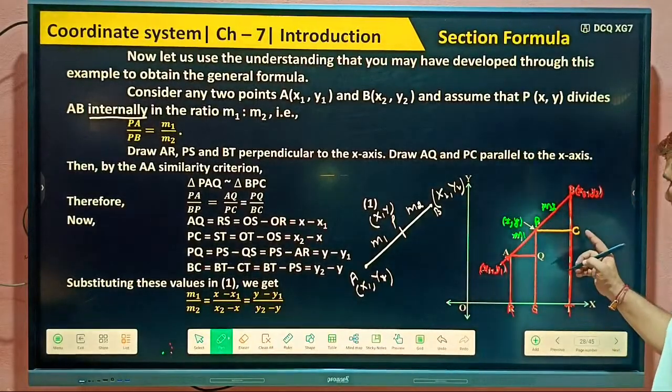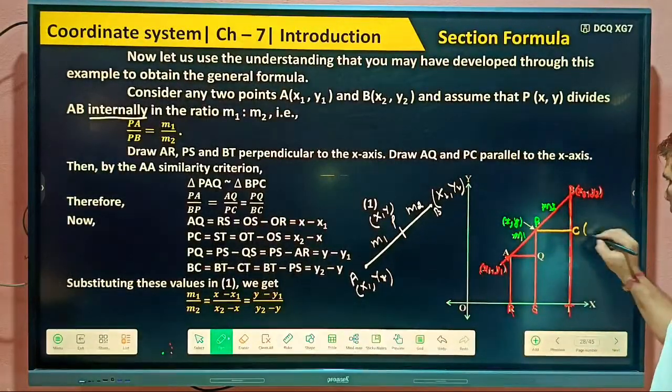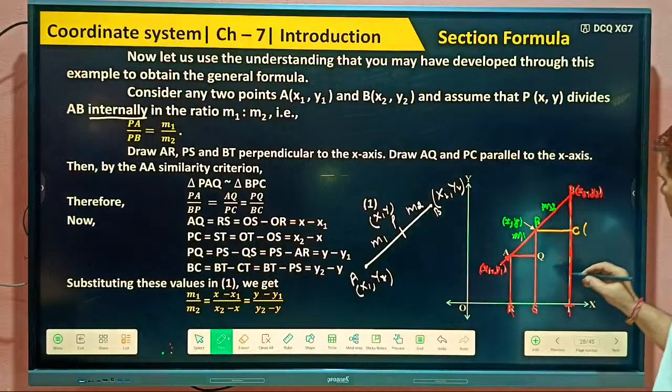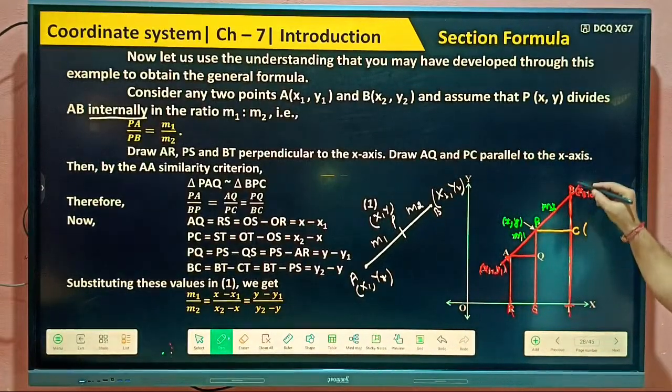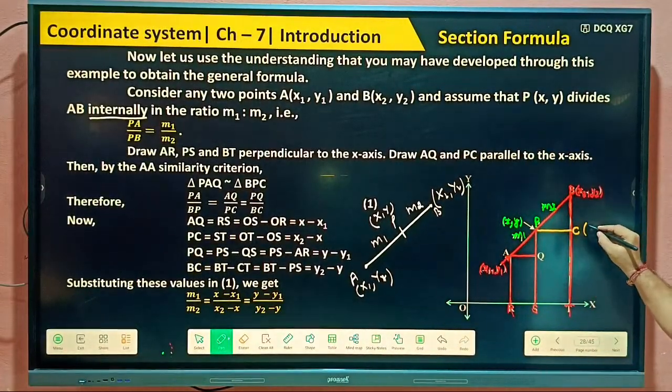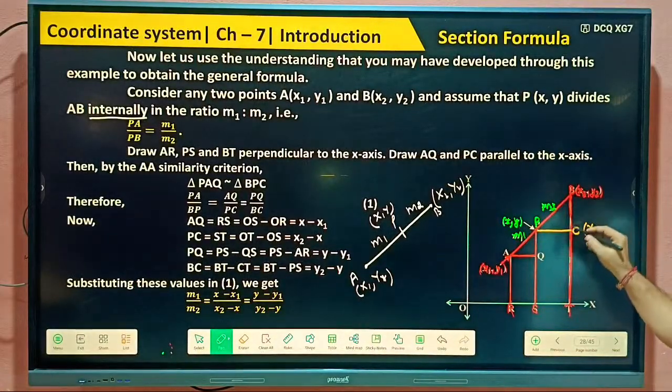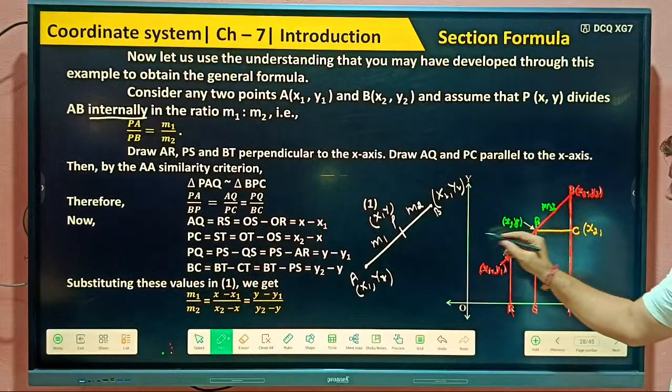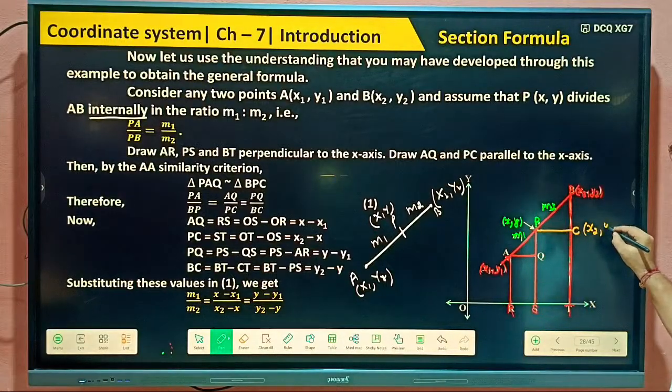So we will find the coordinates. What are the coordinates of point C? On this line, the x coordinate remains the same, x2, and the y coordinate is the same as on this line, which is y.